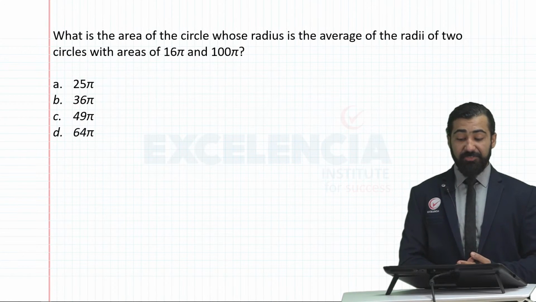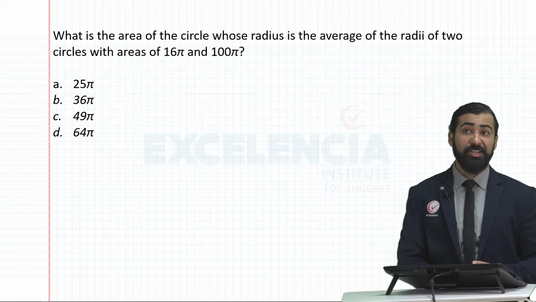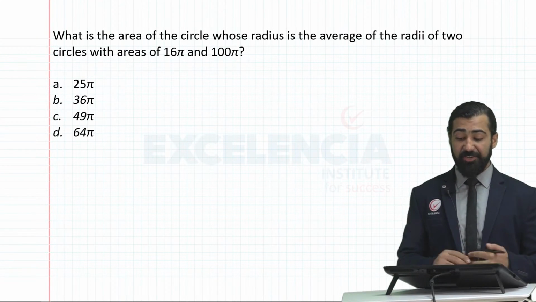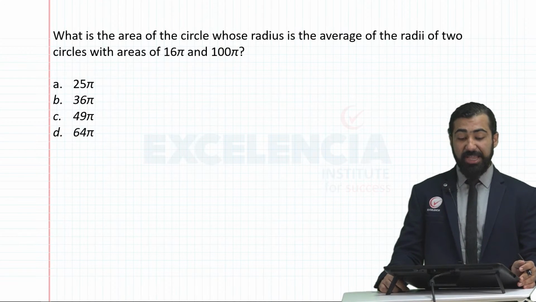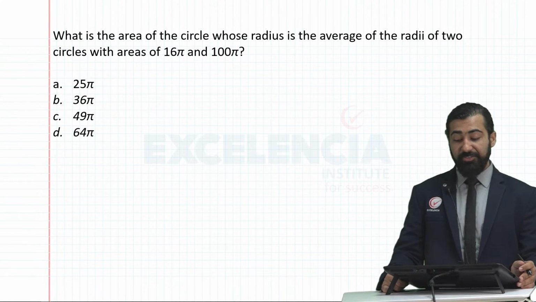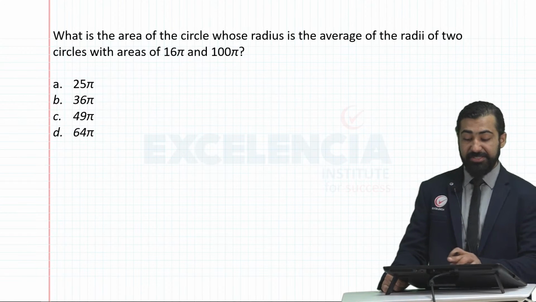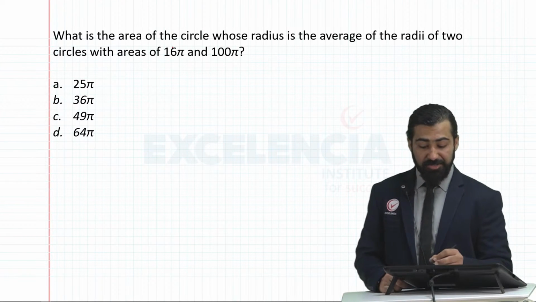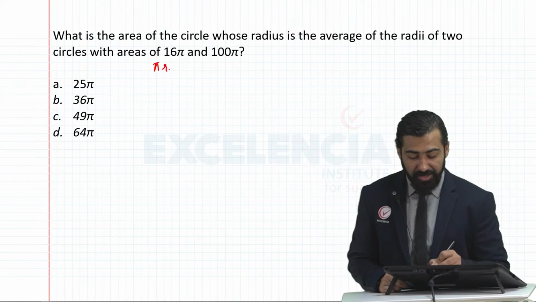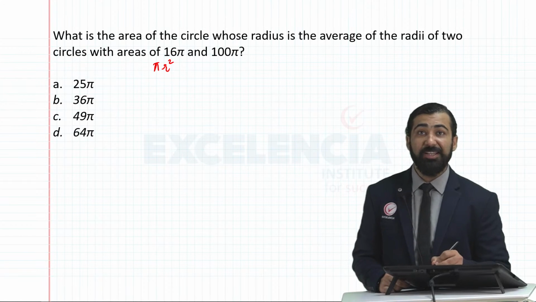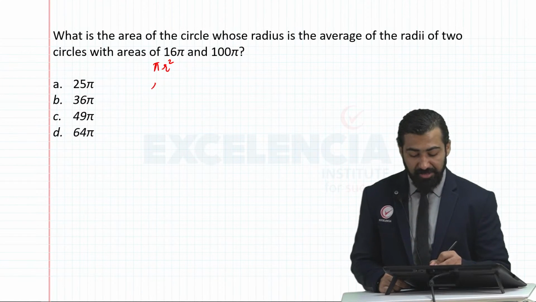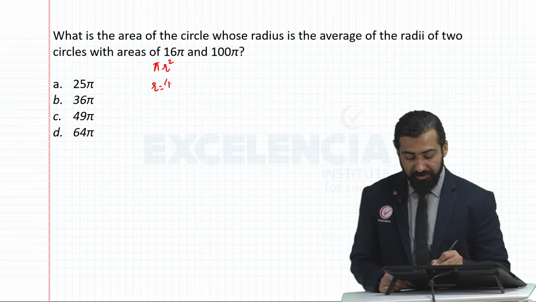Then next. What is the area of a circle? Area of circle is pi r square. So what is the area of the circle whose radius is the average of the radii of two circles with area 16 pi and 100 pi? For 16 pi, pi r square is equal to 16 pi, so r square is 16 or r is equal to 4.